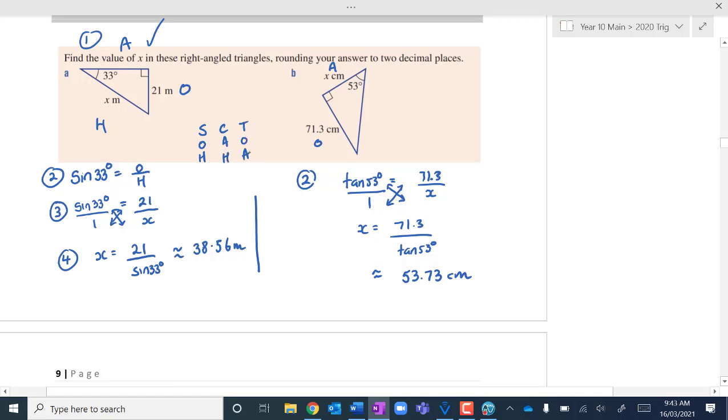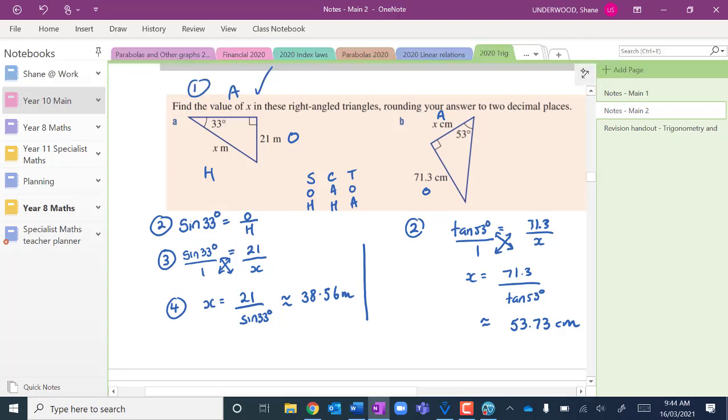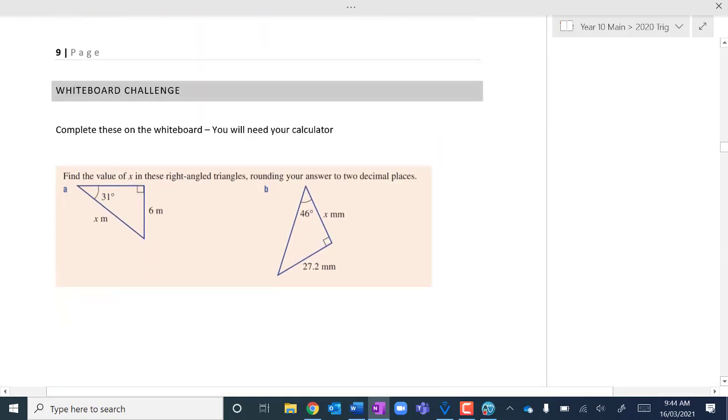If I've got the adjacent and the hypotenuse, I'm using cos, and likewise opposite and adjacent for tan. And in both of these occasions, we had the pronumeral x, the unknown, as the denominator, which means that we needed to use some cross multiplication and rearrange those.